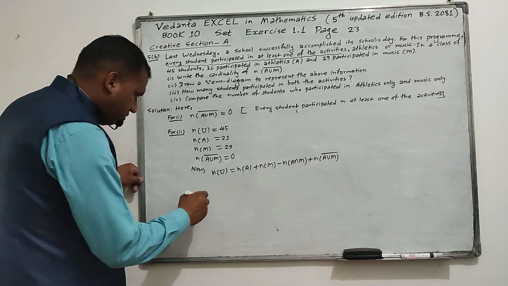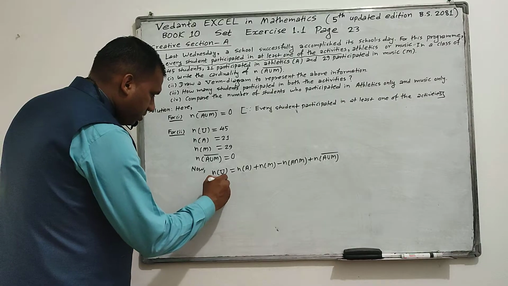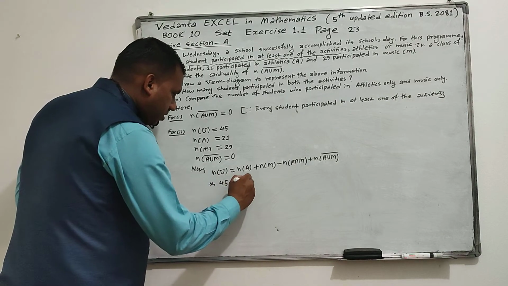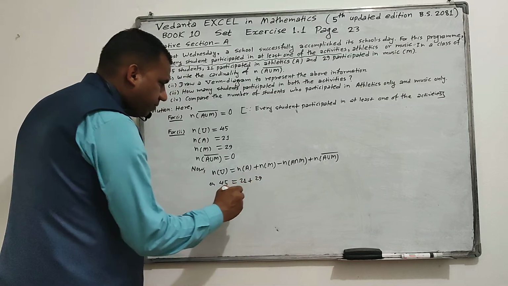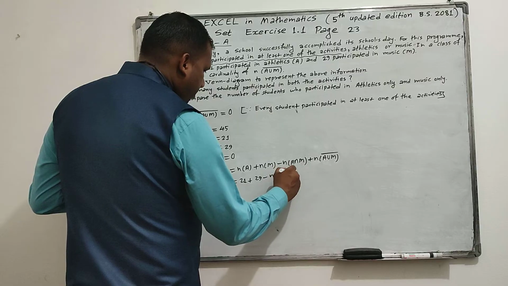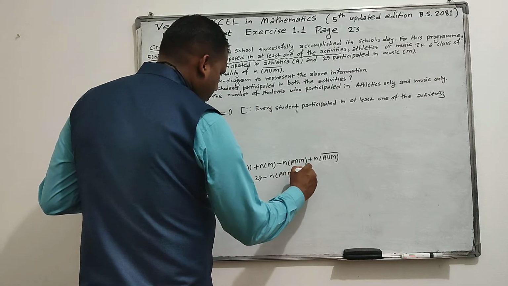Or number of U is 45 equal to number of A 21, number of M 29, minus number of A intersection M, plus the complement part is 0.